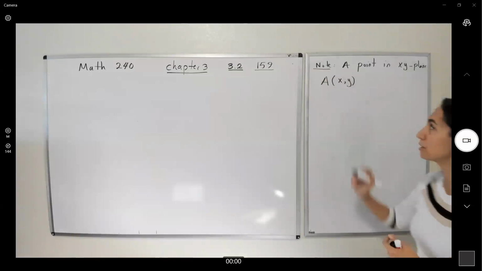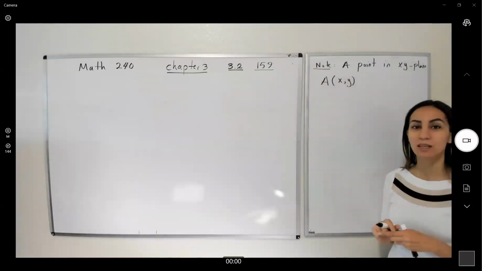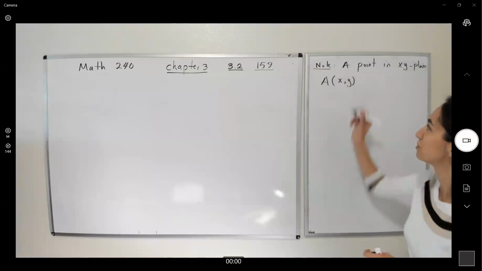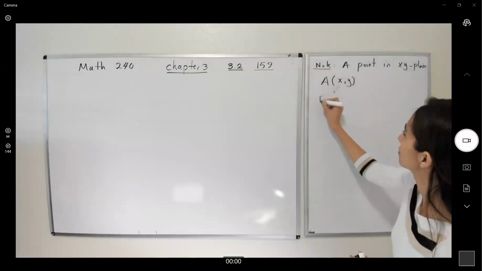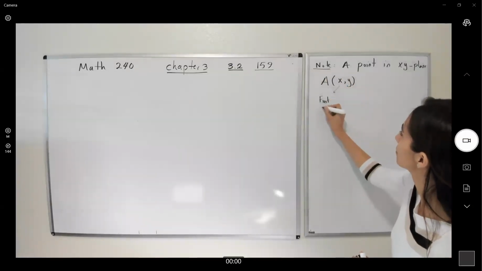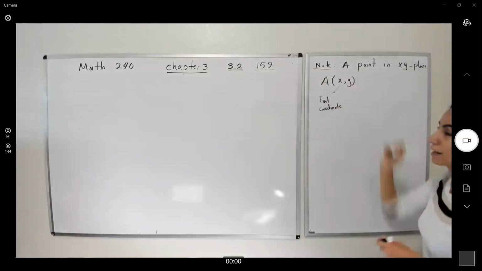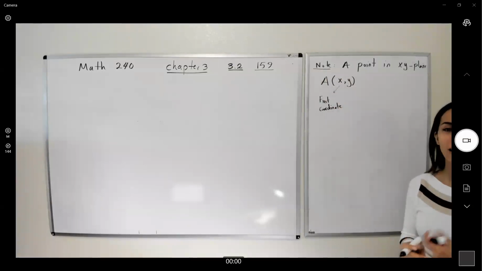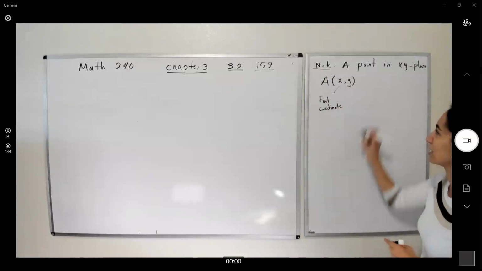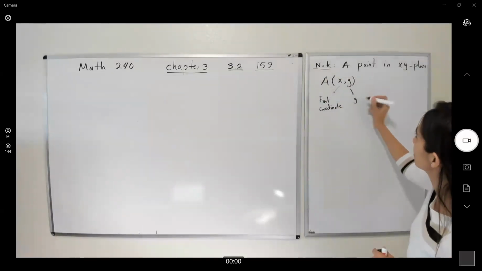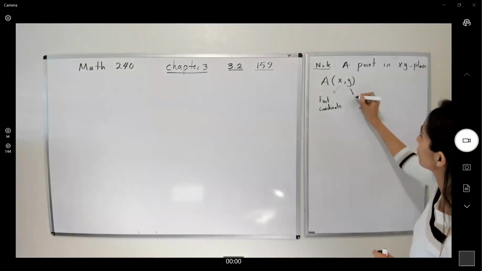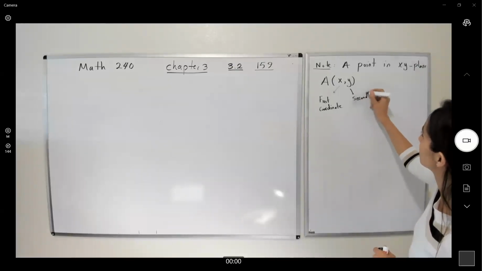The first number, X, is called the first coordinate. And the second number, Y, is called the Y coordinate, or your second coordinate.